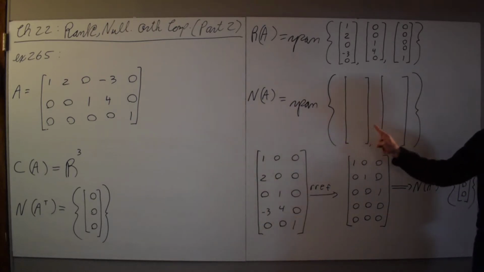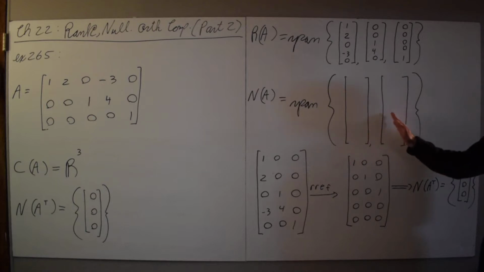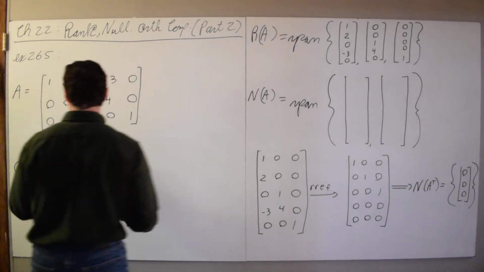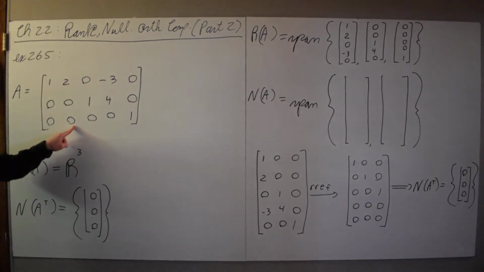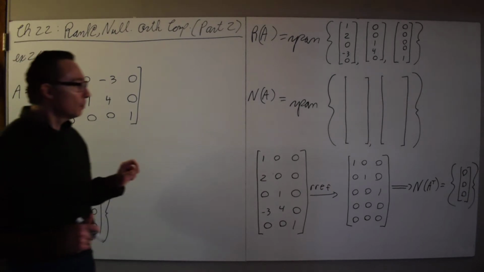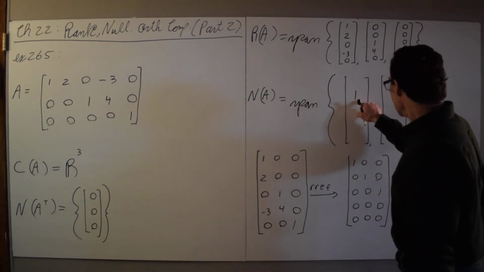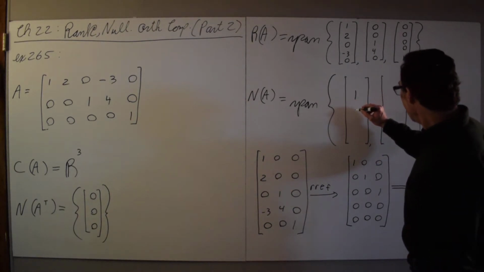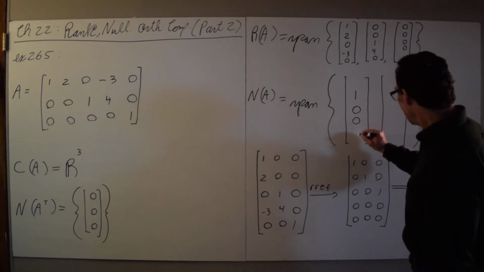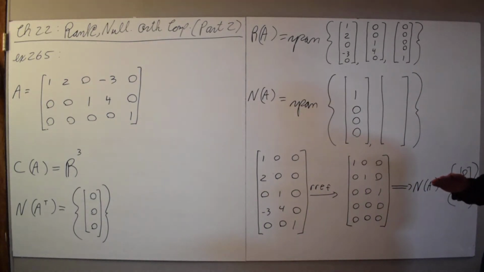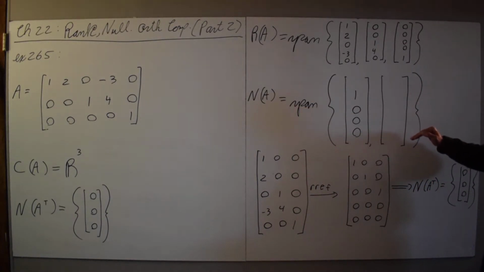I left this blank because I want to work with you again to see how to find vectors in the null space. So first of all, let's look at our first free column. Our first free column is the second column. So what we do is we put a 1 in the second place, and we put zeros below that. The row space and the null space are subspaces of R5.